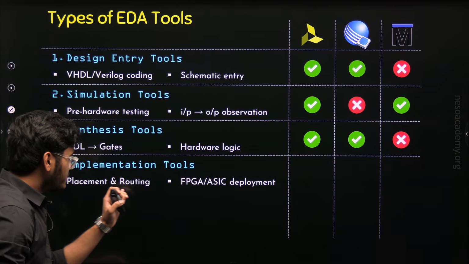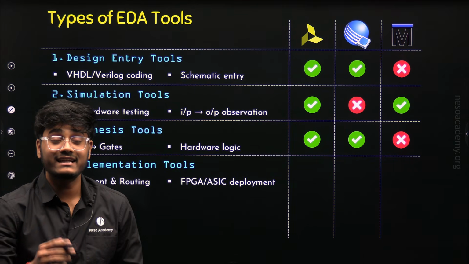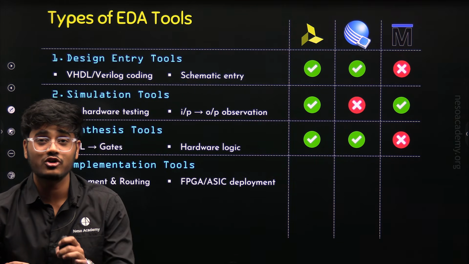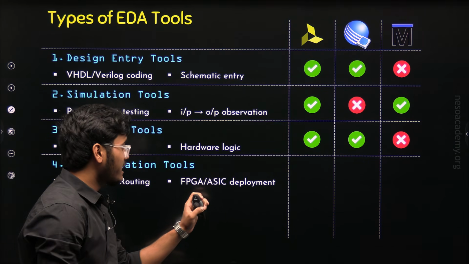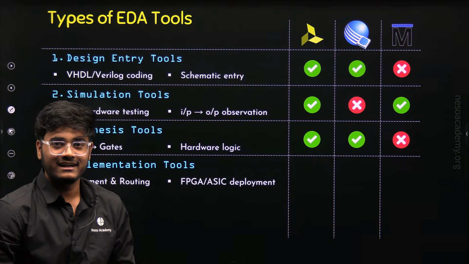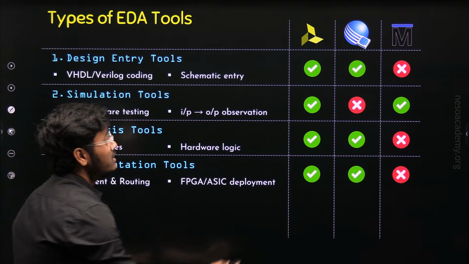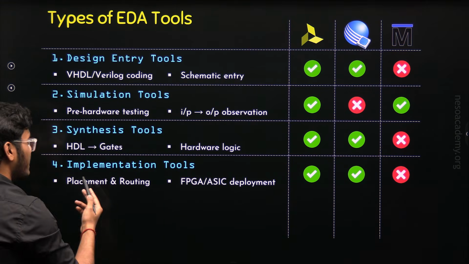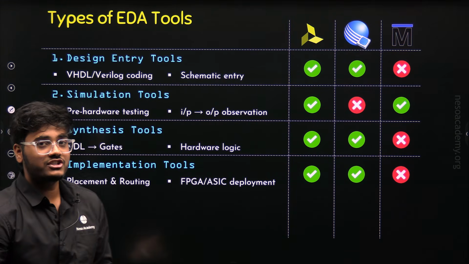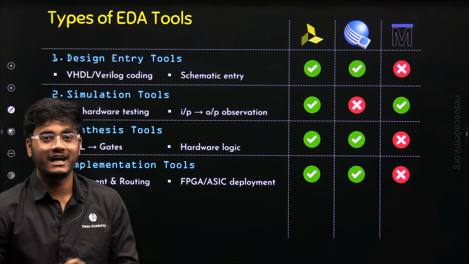And routing of connections means creating electrical connections between those logic cells. So, the design is mapped onto FPGA and ASIC hardware. For implementation, we can use Xilinx Vivado and Intel Quartus Prime. In implementation tools, the VHDL code is converted into actual hardware.